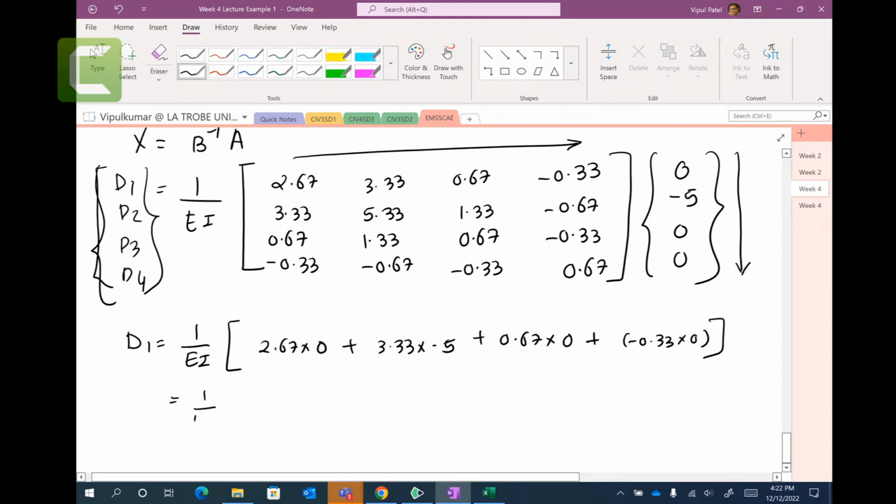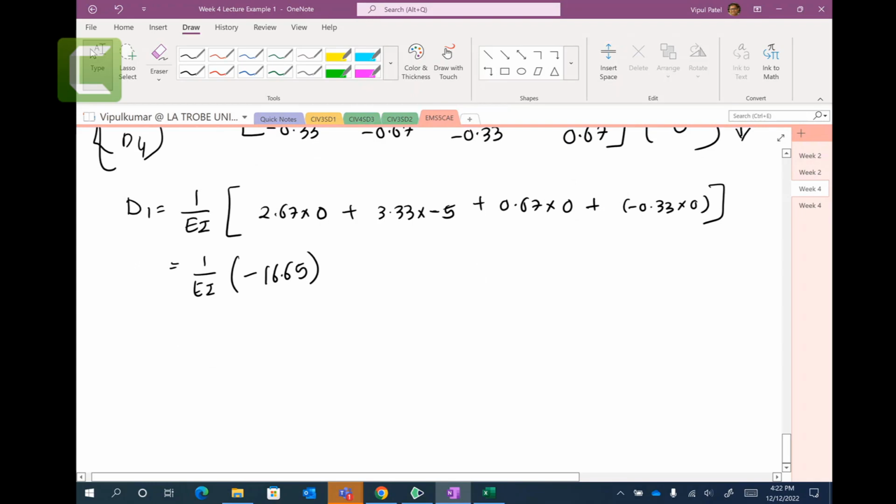If I use my calculator, minus 5 times 3.33, you get minus 16.65. So D1 equals minus 16.65 over EI. And if we know the EI value, we can substitute that value.